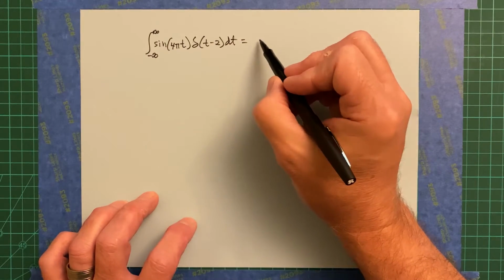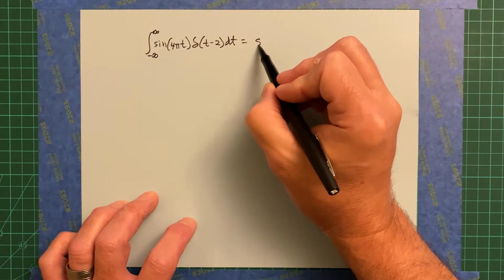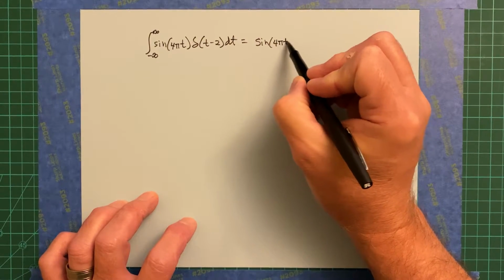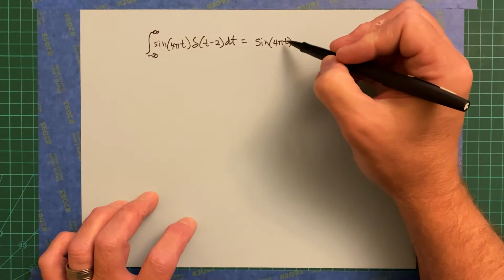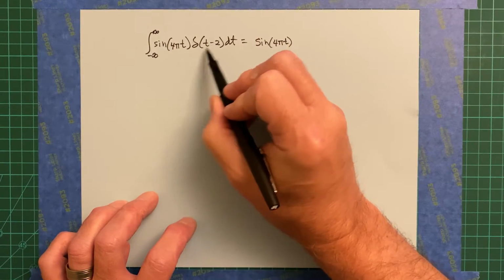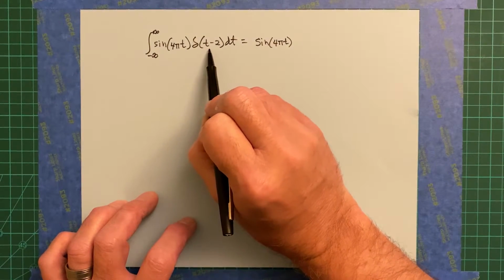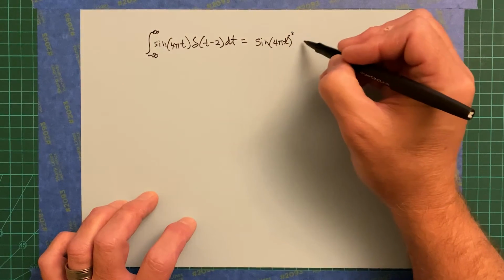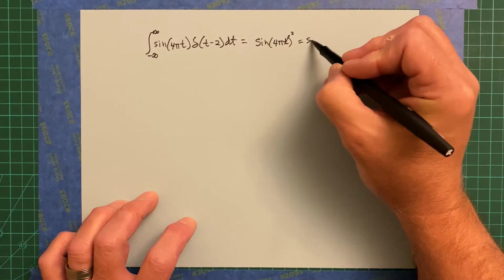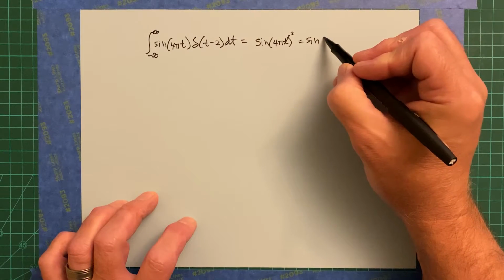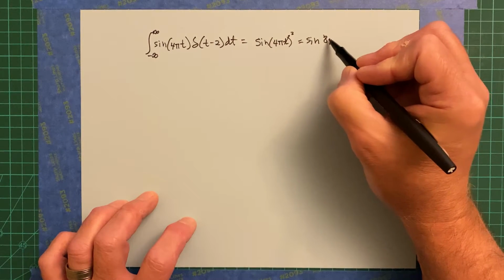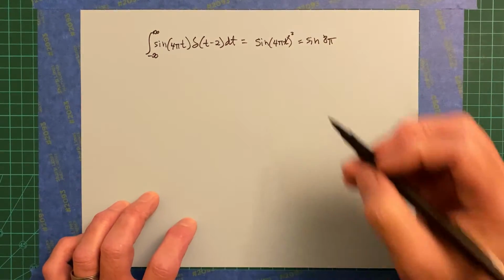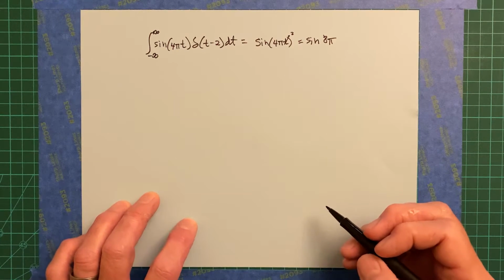So it's going to end up being that function, which is sine of 4 pi t, but the t is going to be where what's inside the parenthesis is 0, which is at t equal 2. So this t is going to be 2. So this whole thing is going to end up being sine of 8 pi. When I take the 2 and multiply by the 4, it's going to be that. Okay, so there's the answer right there.